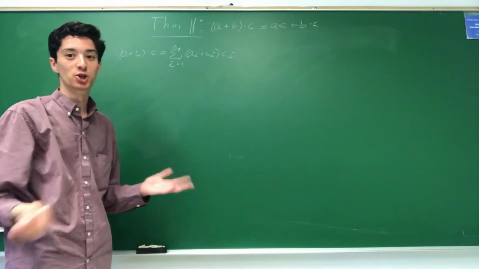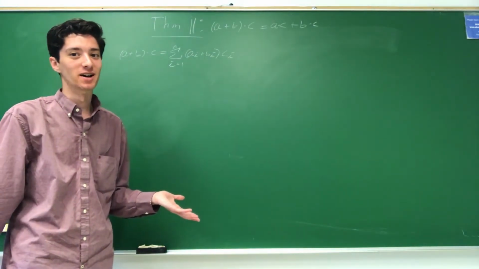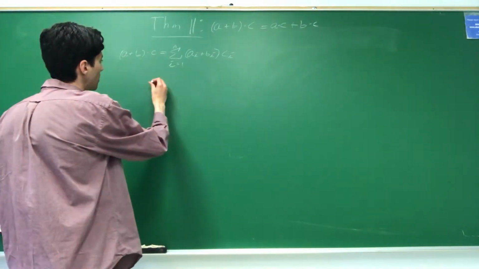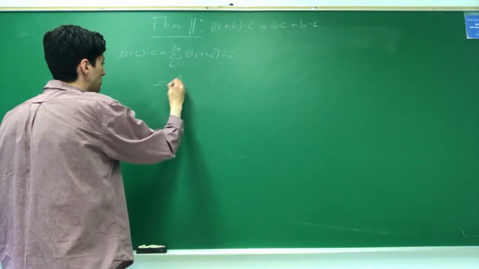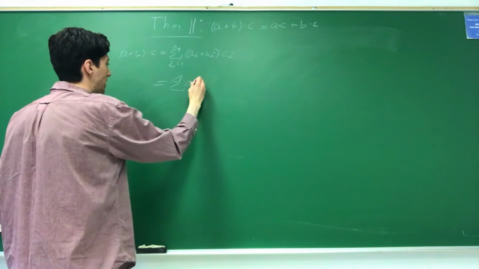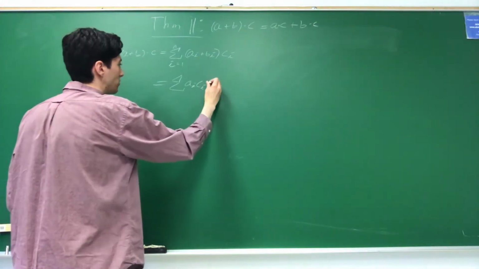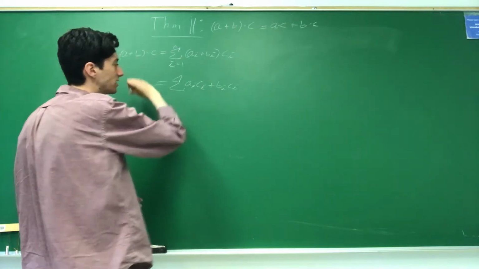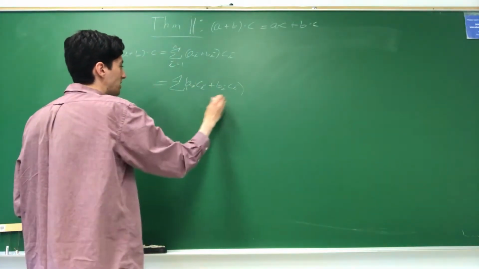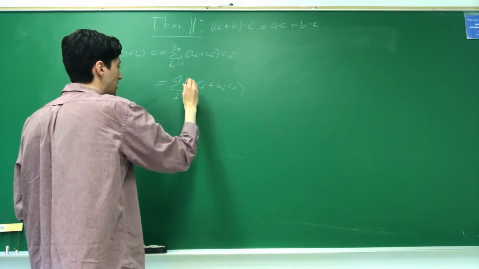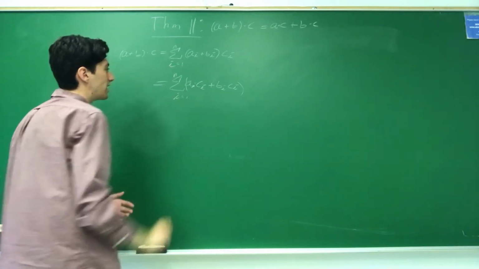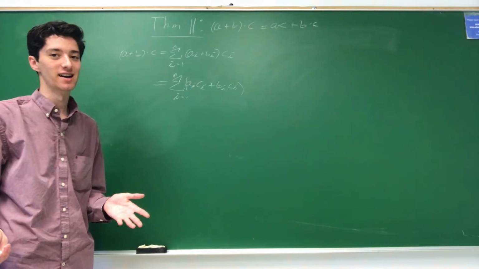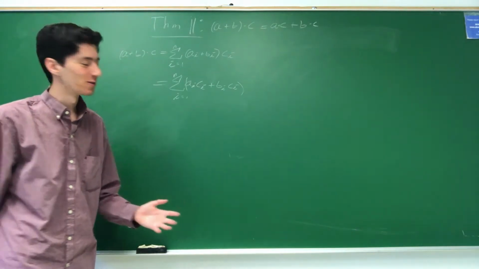Now, because of the distributive property of multiplication over addition, this is equal to a_i c_i plus b_i c_i. We've just distributed the c, and this is all in one sum, i equals 1 to n. And of course, we can break up this sum as addition is associative.